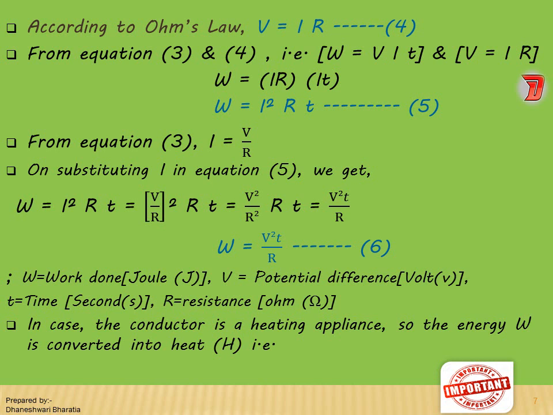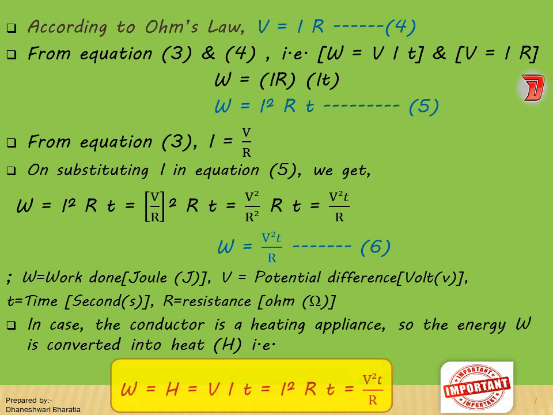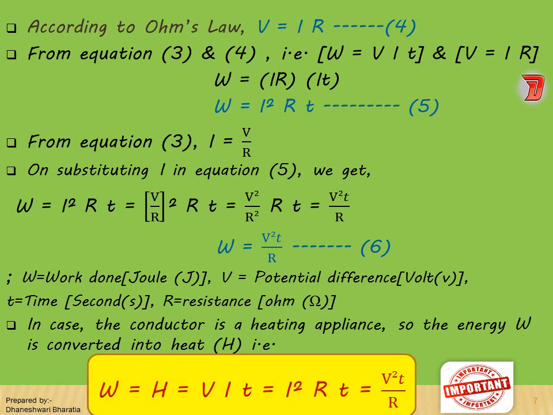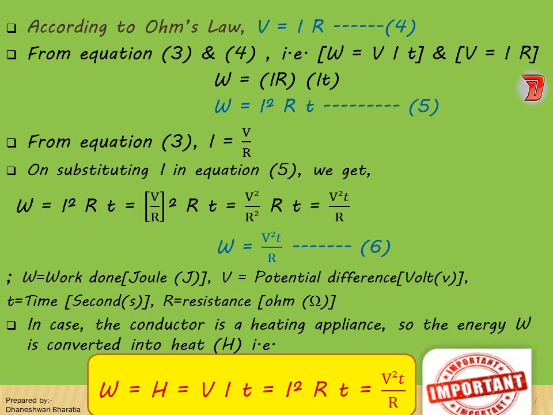That is why W, the work done, is considered as heat, H. So we will get this. This is very, very important. You have to understand the entire derivation and learn all the formulas. These are used in solving problems.